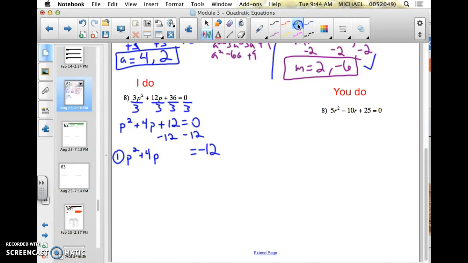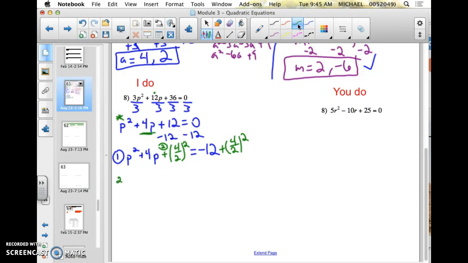The second step is going to be adding b squared, or I'm sorry, b over 2. In this case, it's this b, not this b, because we went to this function. So it's 4 over 2 squared, half of b squared to both sides, 4 over 2 squared.